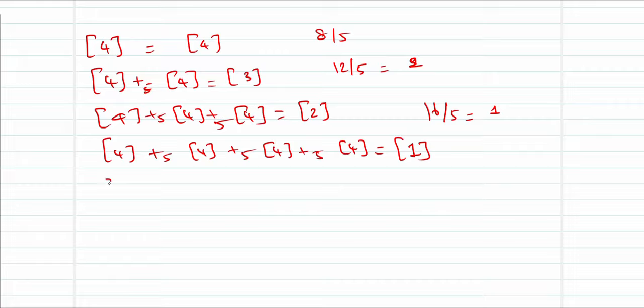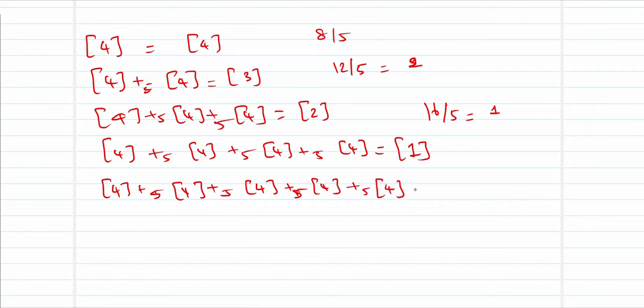And now when I take 5 copies of 4, I will have 20, and 20 divided by 5 leaves a remainder of 0. Now I see that 4 also generates the elements 0, 1, 2, 3 and 4.